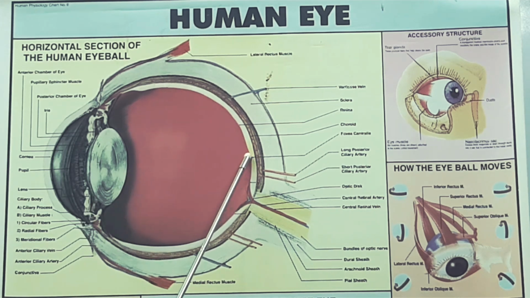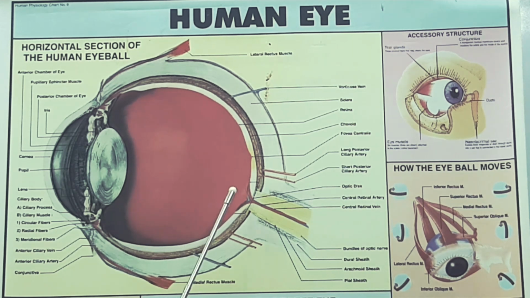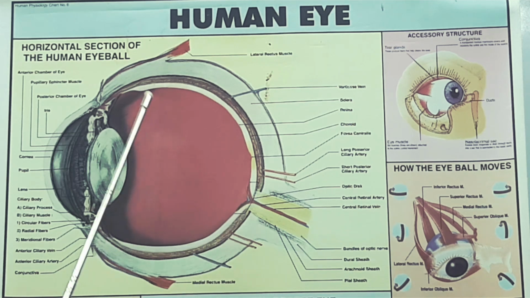Here is the best vision area, and below it is the blind spot. Here rods and cones are present, but they converge together, they conjoin together to form the optic nerve, which carries impulses, also known as visual impulses, from the retina to the vision zone of the cerebrum, so that after analysis we can see an object.